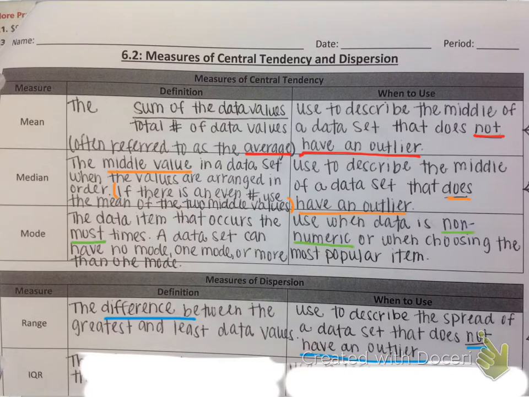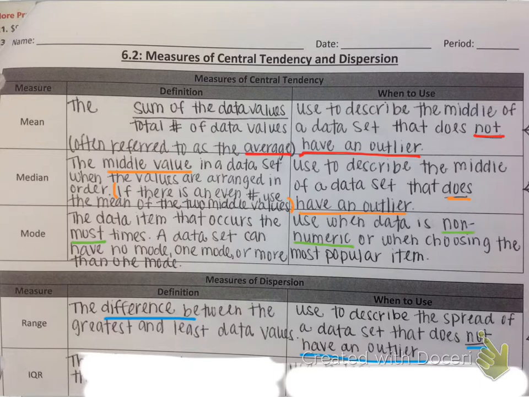Okay. So we like to use range when there are no outliers because the outliers skew our data. So remember when we talked about histograms and if our data looks skewed because there's way too much on one side? Outliers skew our data. So if we're talking about measures of central tendency, and I'm finding the averages of everything, and I find your average heights, what is LeBron James's height going to do to the average?